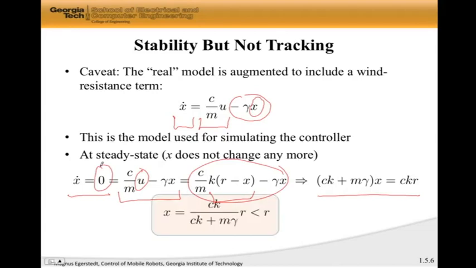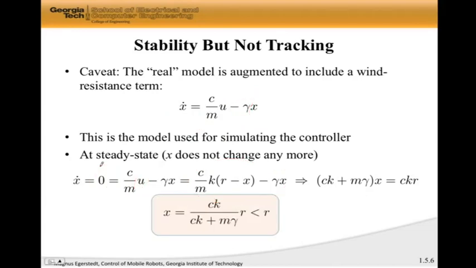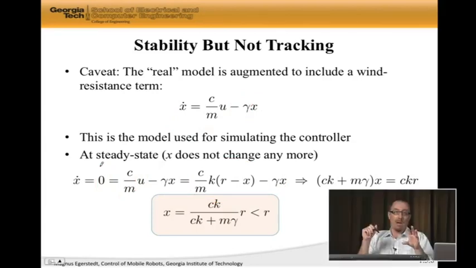Well, I can do even better than that. What I get is that x is now going to be ck divided by ck plus m gamma times r. And this, for all these coefficients being positive, is always strictly less than r. Which means that at steady state, the velocity is not going to make it up to the reference velocity.